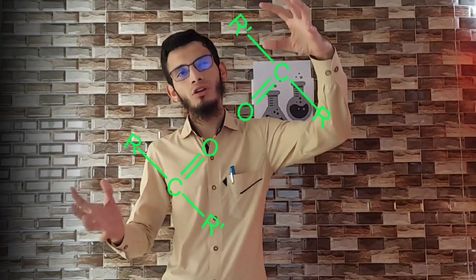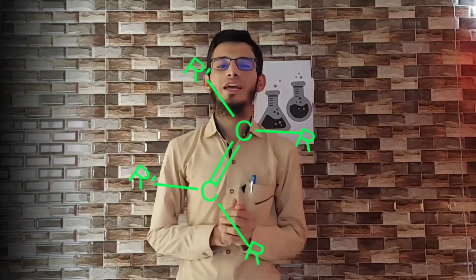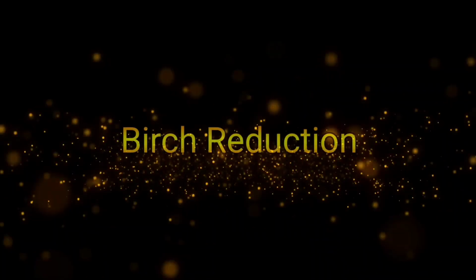Zinc-copper coupling is something different. You first have an aldehyde or ketone compound, and it undergoes the reaction and you will get the alkene. Okay, this is McMurry coupling. We will not go into the mechanism. Okay, so it is McMurry coupling.